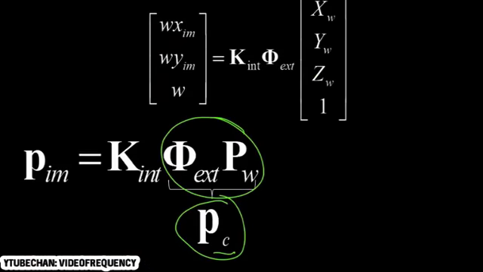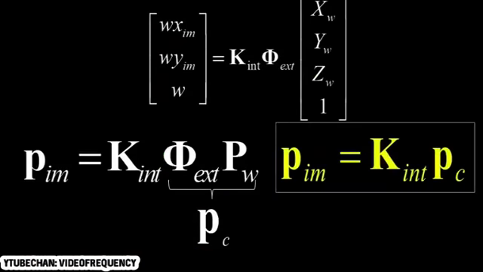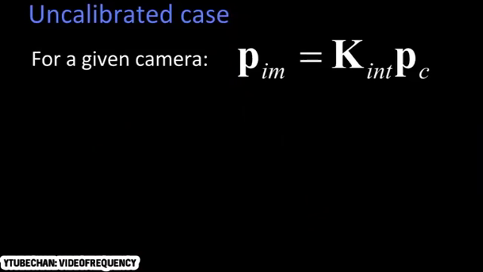Okay, so we're going to call that PC. And so we can write down this very simple relationship that K, the intrinsics, maps us from the point in the camera coordinate system to the homogeneous point in the image. So P in the image is equal to K intrinsics times P in the camera frame.